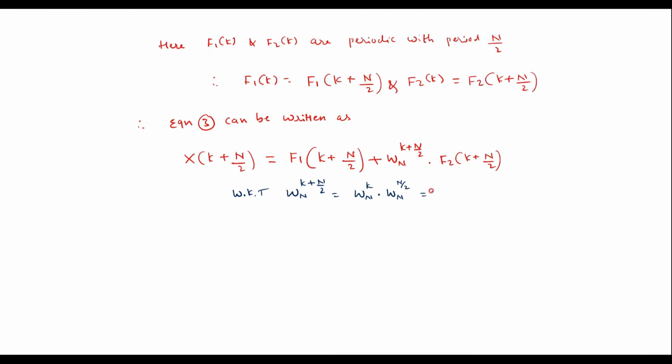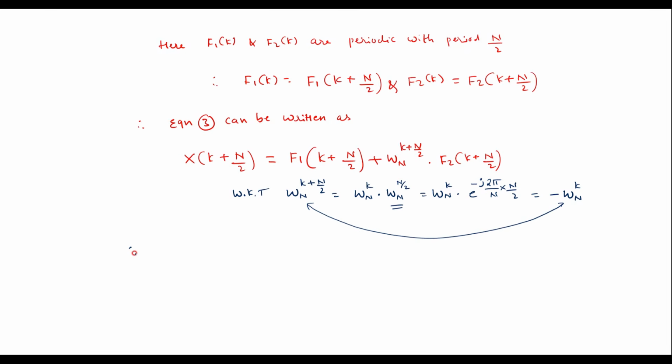I can represent this as W_N power k into e power minus j 2 pi by N into N by 2. Here N will get cancelled and 2 will get cancelled. E power minus j pi is minus 1, which is equal to minus W_N power k. Therefore W_N power k plus N by 2 is the same as minus W_N power k.